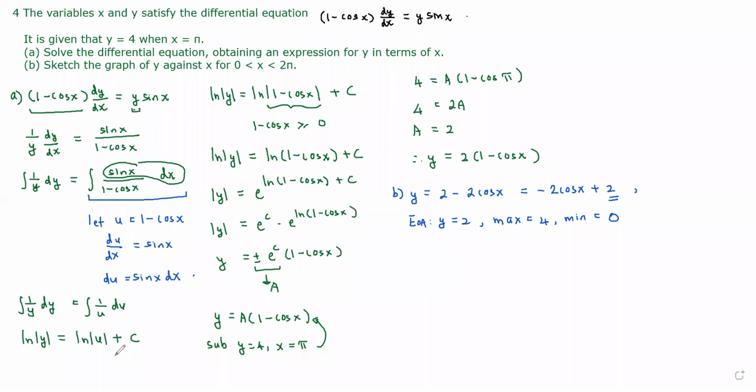We have a negative cosine function. Let's say we have 0, pi/2, pi, 3pi/2, and 2pi. Minimum is 0. The sinusoidal axis is 2.